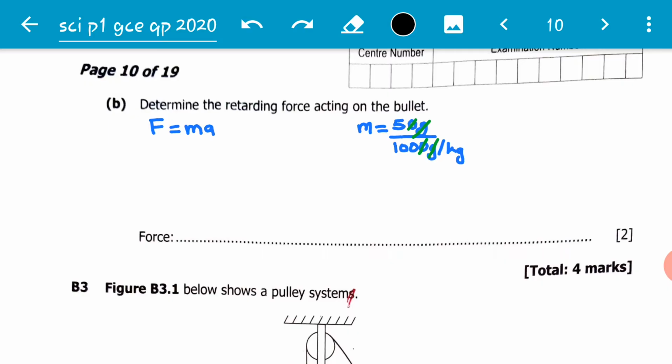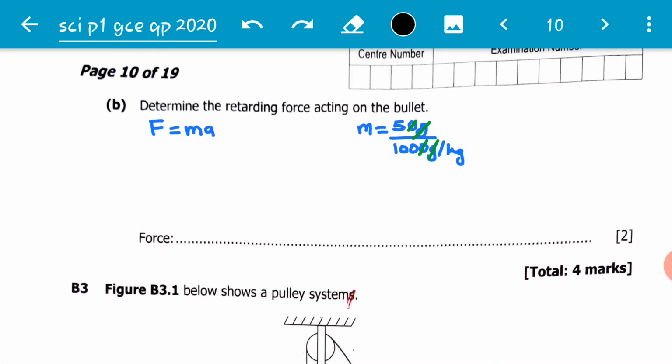So the grams will cancel, and because the kilogram is under, it comes on top, and we cancel one of the zeros from the 50 and one of the zeros from the 1000, so it becomes 5 over 100. Now 5 over 100 will be 0.05 kilograms. So we have 0.05 as our mass.